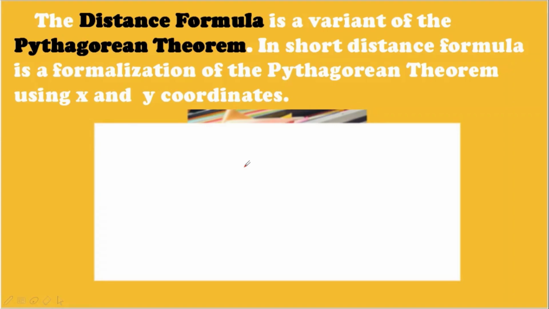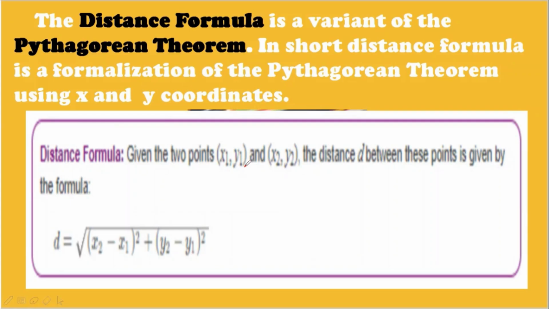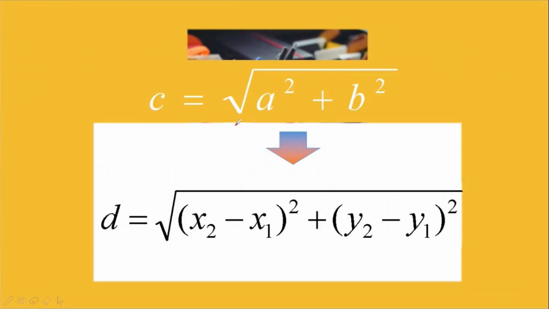Okay. So the distance formula is a variant of the Pythagorean theorem. So in short, distance formula is a formalization of the Pythagorean theorem using x and y coordinates. So like earlier, again, we have x sub 1, y sub 1, x sub 2, y sub 2 that is needed in the formula for the distance formula. Okay? So from the Pythagorean theorem again, which is C. Okay, so this is C square.